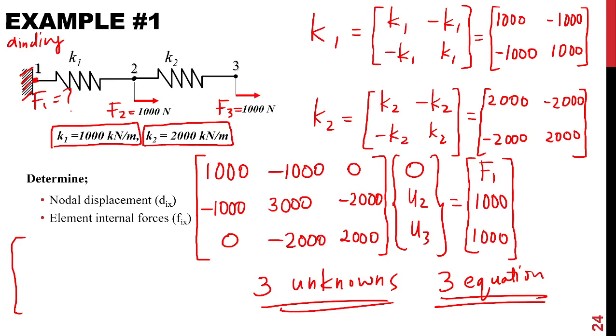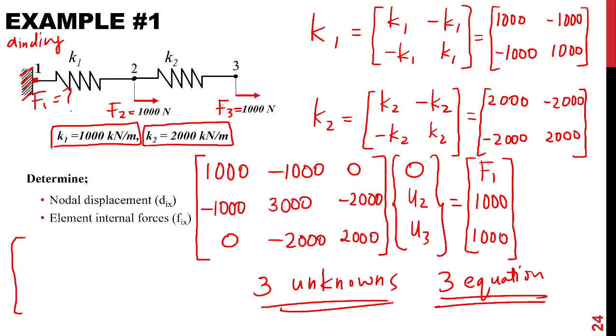Kalau nak kembangkan satu-satu pun boleh ni. 1000 kali kosong. Negatif 1000 kali U2. Lepas tu kosong kali dengan U3 sama dengan 1000. Boleh tak? Nak kembangkan boleh. Ataupun kamu boleh buat partition lah kalau dah ada matrix macam ni kan.